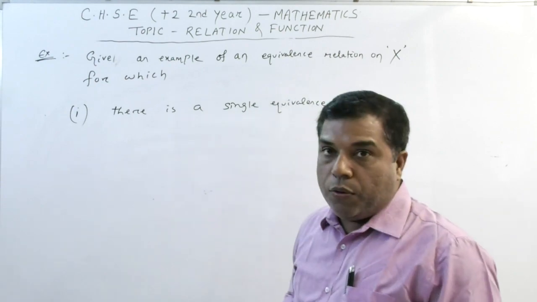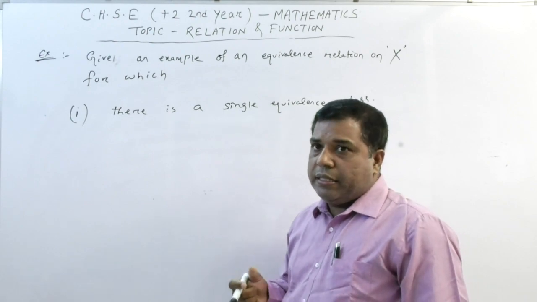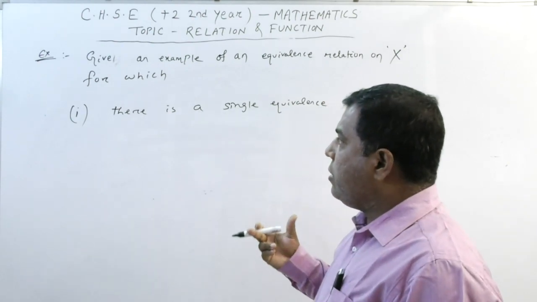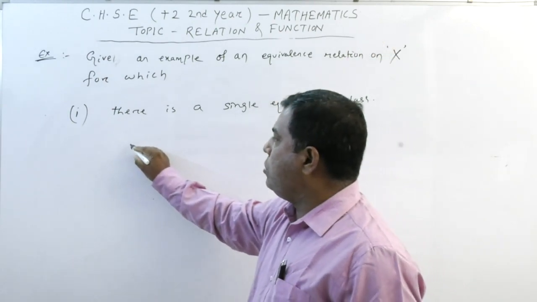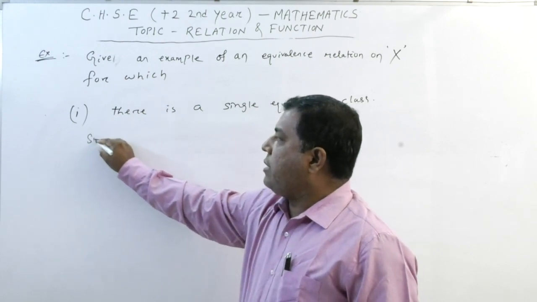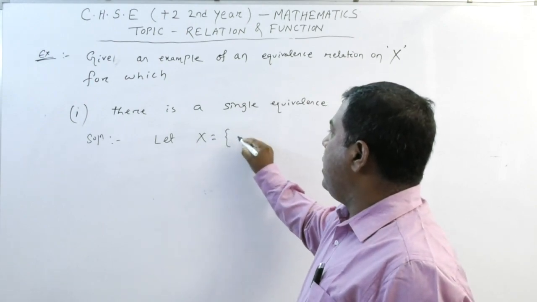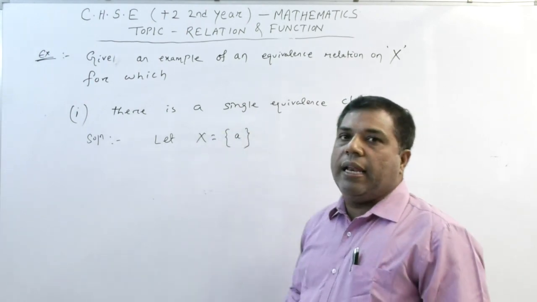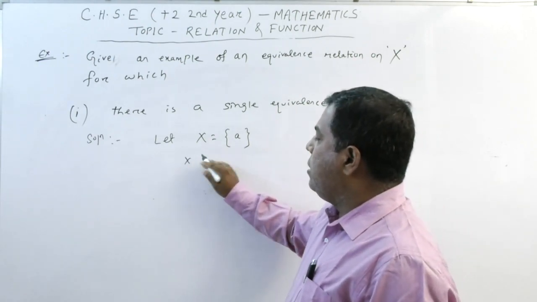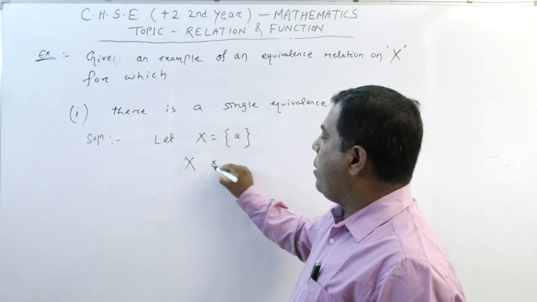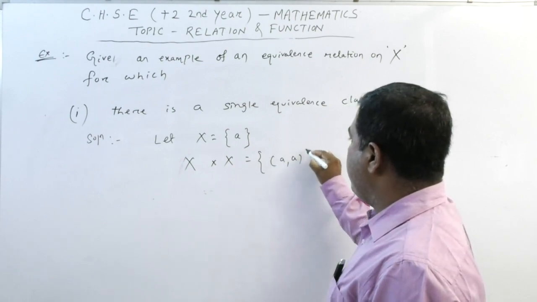So for it, what we have to do? We have to take an example. So let us take a simple example, and the set is named as X. Let X be the set consisting of the single element A. Now you know the product set is denoted like this: X multiplied by X, and it is the ordered pair AA.